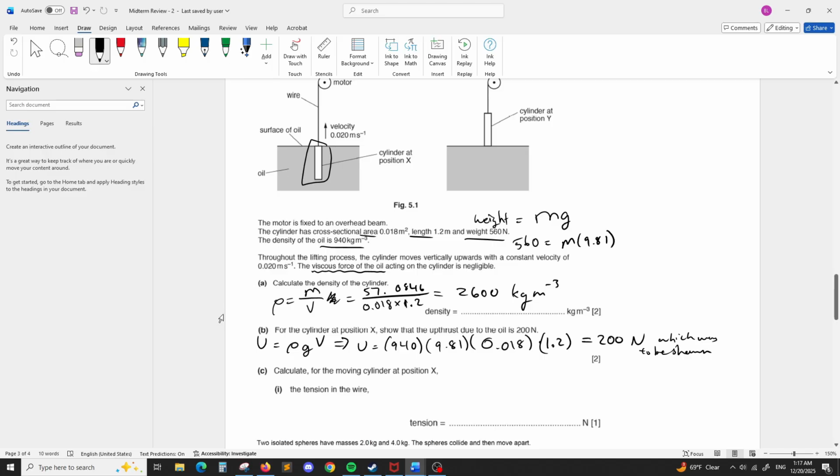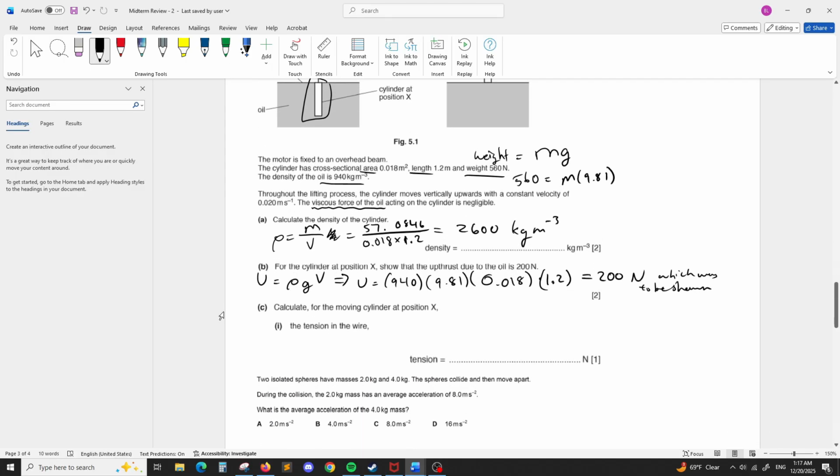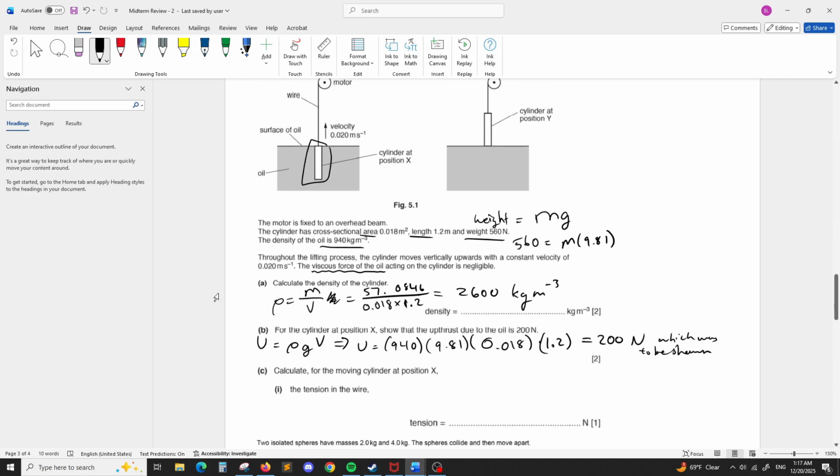Calculate for the moving cylinder at position X the tension in the wire. So we have to draw a free body diagram here. There's a force starting here, that's gravity. We have a tension here, and we also have an upthrust force, right?